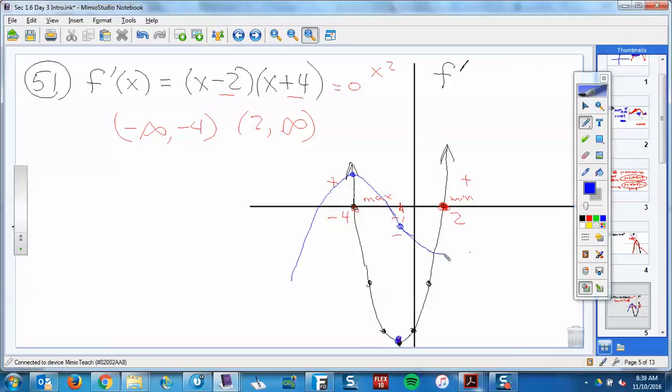Then it's going to switch concavity to have a min, and then it's going to go up. Shifted-wise, up and down, who knows where that is, but it's going to go up, down, up, because the f prime graph is positive, negative, positive. And you're going to have an inflection point right there, because of the concavity switch.